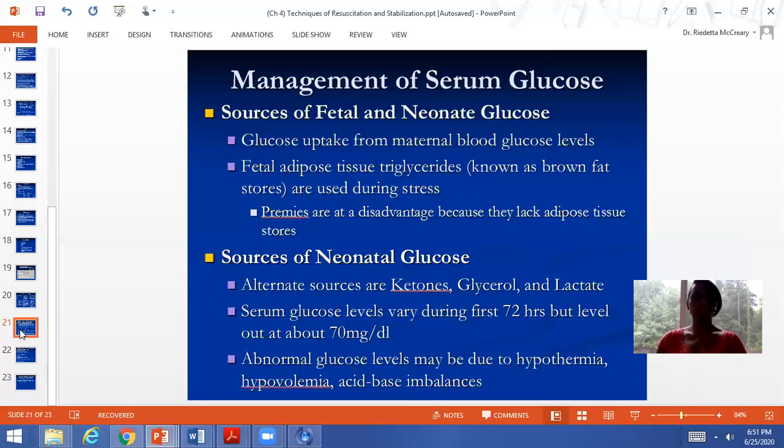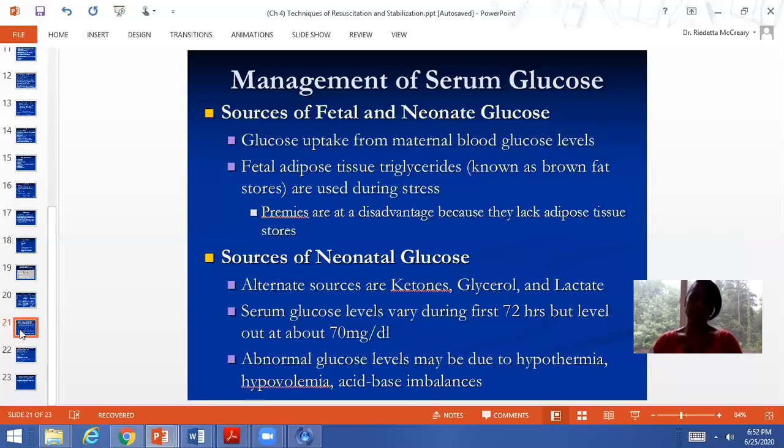So alternative sources of neonatal glucose are ketones, glycerol, and lactate. This is what the body will resort to if it does not get the glucose it needs from these brown fat stores. So your serum glucose levels will vary during the first 72 hours of birth, but level out at about 70 milligrams per deciliter.